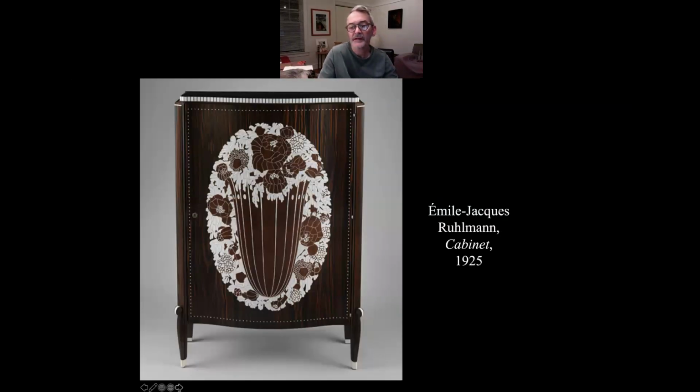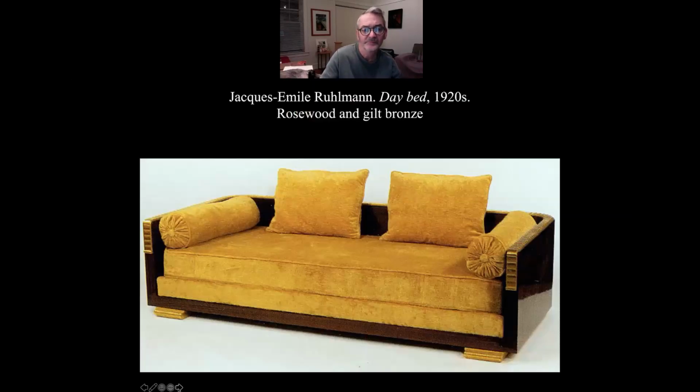So here's a cabinet by Ruhlmann with this white marquetry. Beautiful wood. Daybed from the 1920s. And you can see from the reflection on the side of this daybed, which is almost a sofa, how glossy that finish is on the wood.